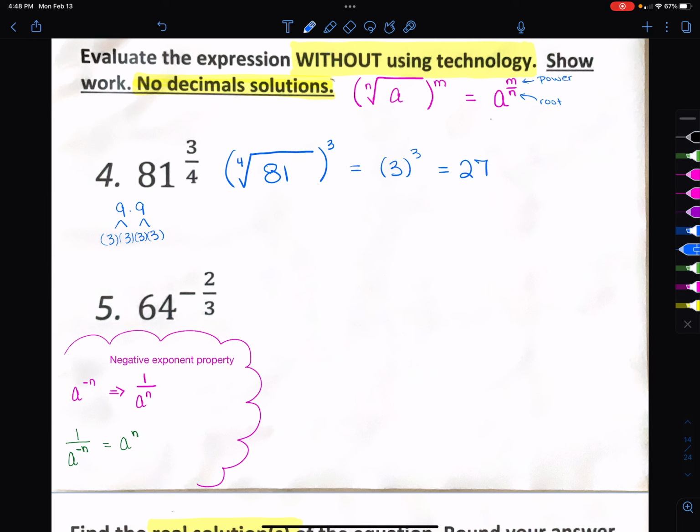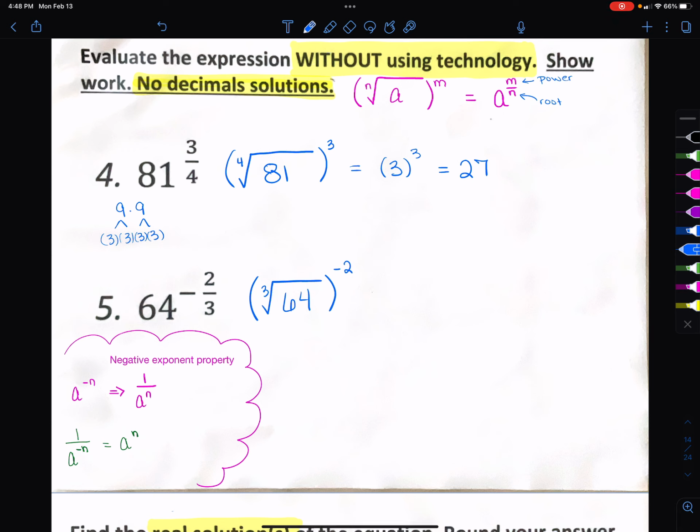Okay, now on number 5, let's go ahead and write it as a radical. So I have 64. The root is 3. The root cannot be negative, so that has to be a positive 3, which means the power will be -2. Now, there's multiple ways to work this one out. I'm going to go ahead and start by simplifying what's in the parentheses.